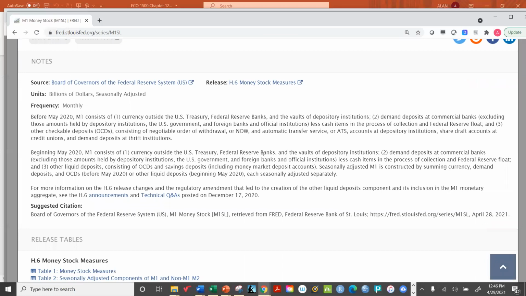Now, what have they done differently? Oh, they've added other liquid deposits, consisting of OCDs. Wow. I'd have to look that one up. Savings deposits, including money market deposit accounts. So basically, they've widened up, they've made the definition of money a little bit more broad to include some somewhat illiquid assets that were not previously included in M1.